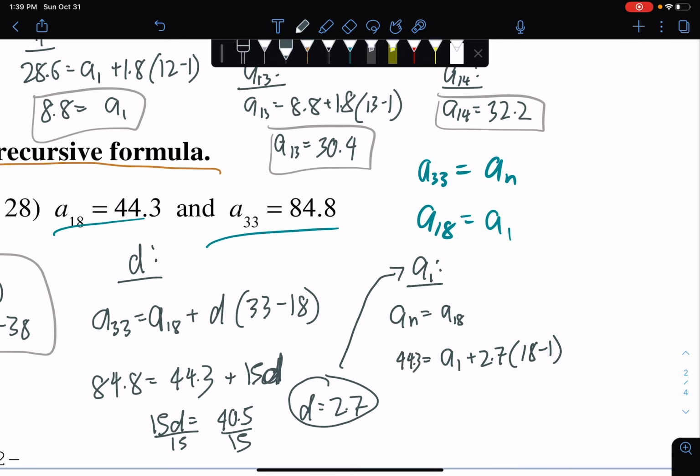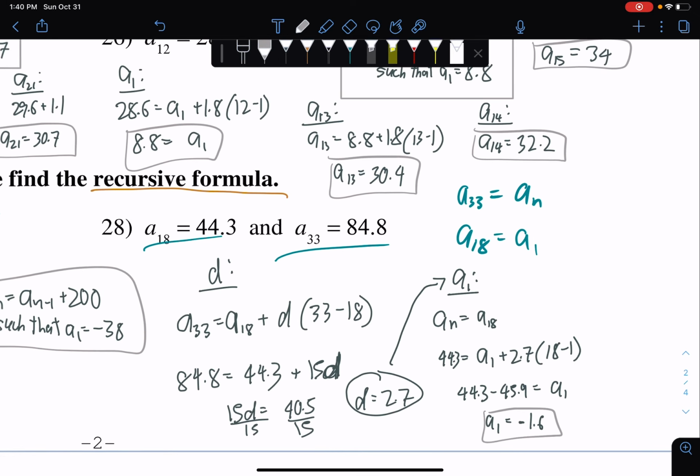So 2.7 times 17, what we will get is 45.9. Move to the other side. a sub 1 is equal to negative 1.6.